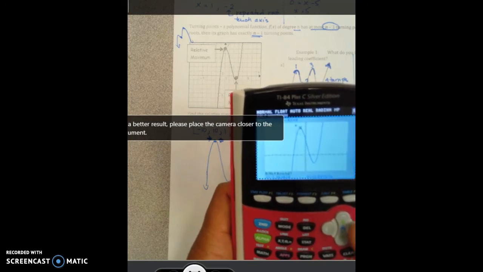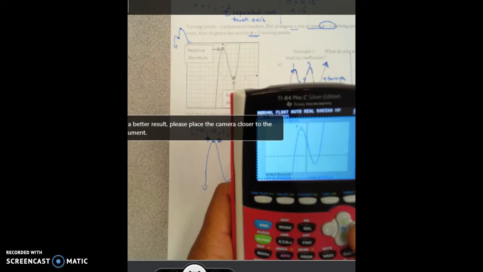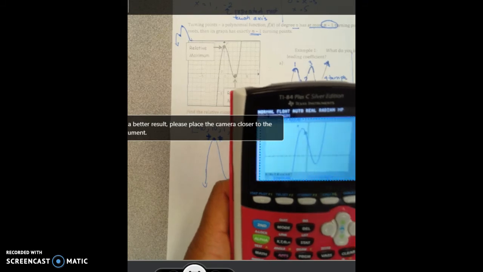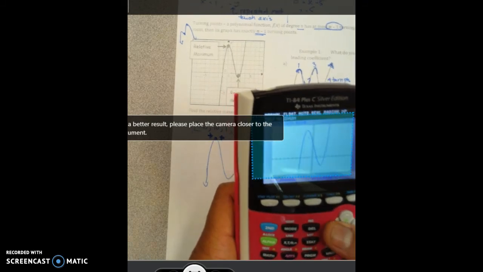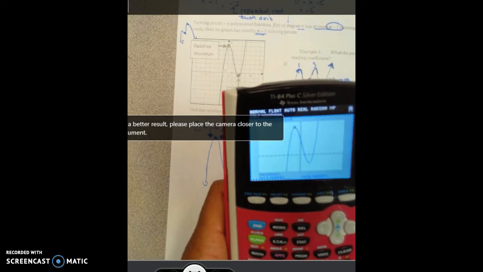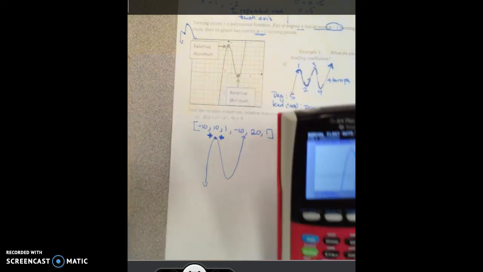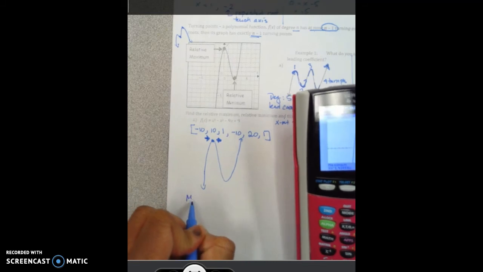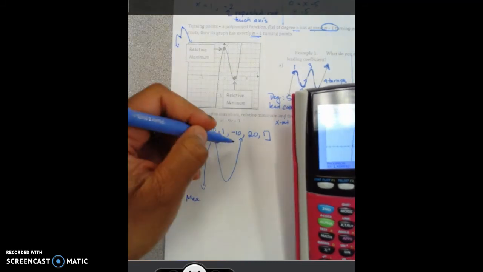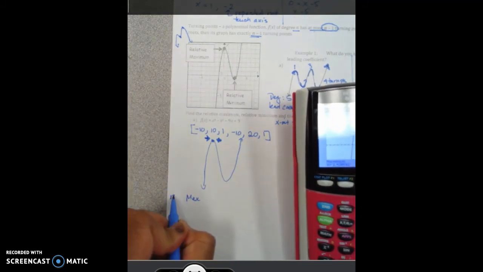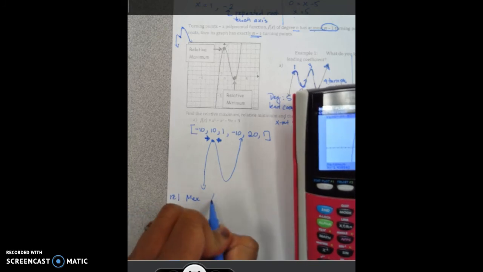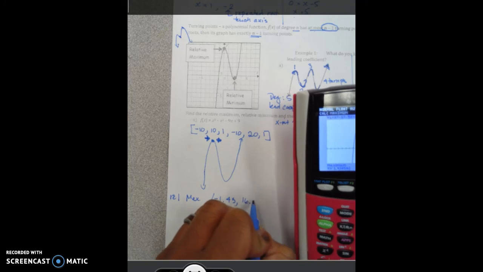Here's my cursor at about where it is, and then I'm going to move it to the right from there and then hit enter. And then my guess is anywhere in the middle. And I get my maximum is, or relative maximum, because there's not really a maximum because this goes on forever. The relative maximum is negative 1.43, comma 16.90.